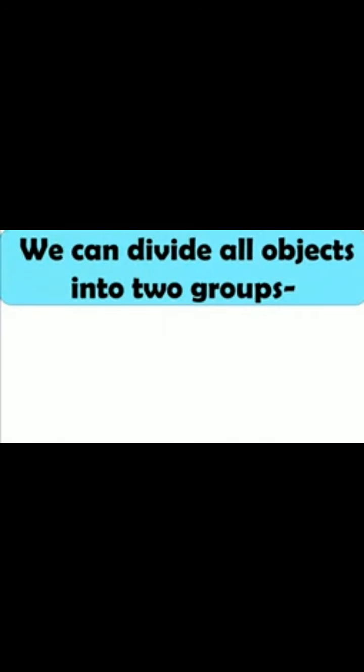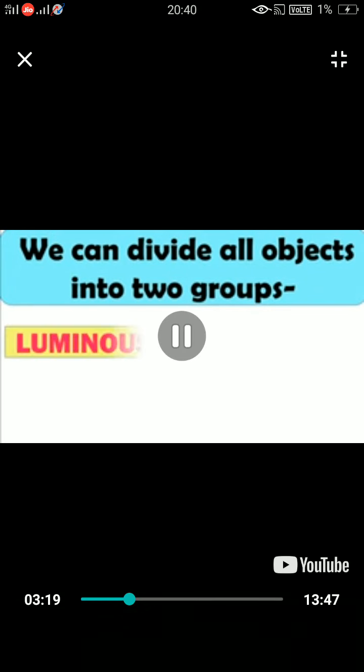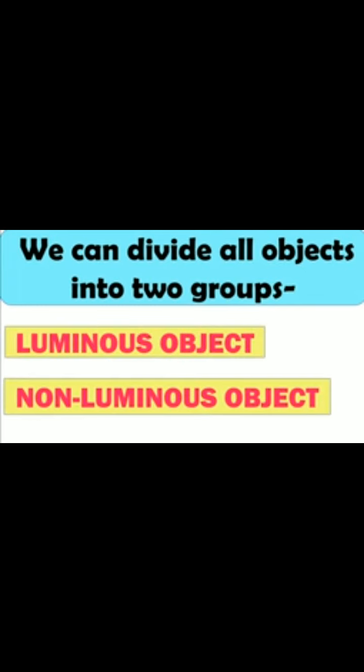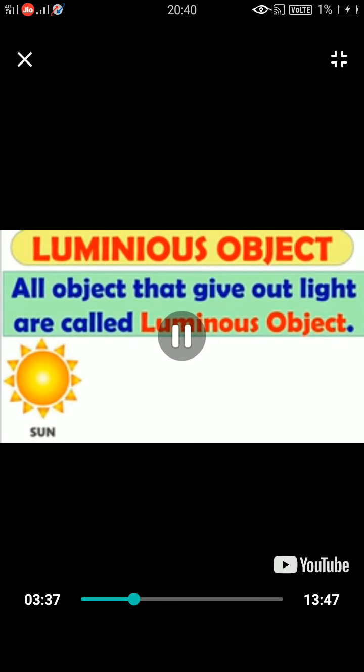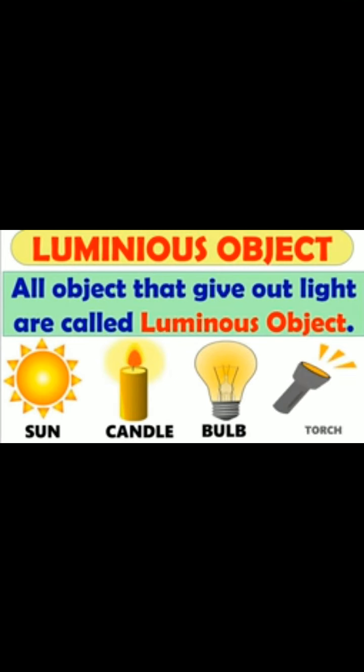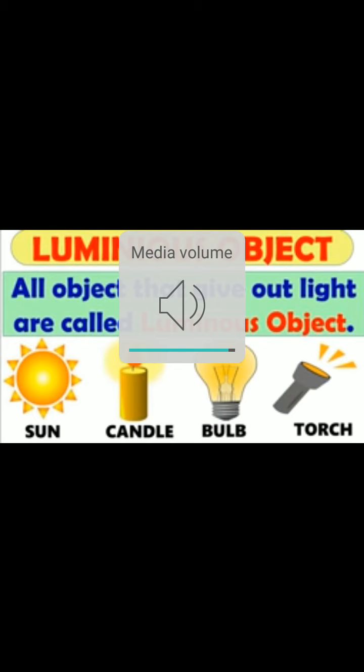Now, we can divide all the objects into two groups, that is, remember, luminous objects and non-luminous objects. Now we will discuss their definitions with some examples. See, luminous objects. All objects that give out light are called luminous objects. Some examples are as follows: sun, candle, torch, bulb. Okay, now we will study the second part, that is non-luminous objects, with definition.